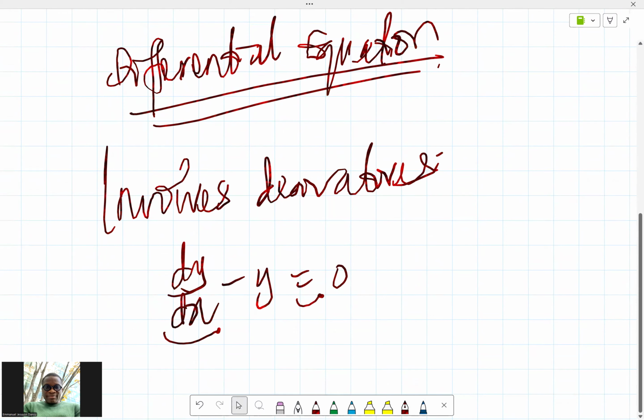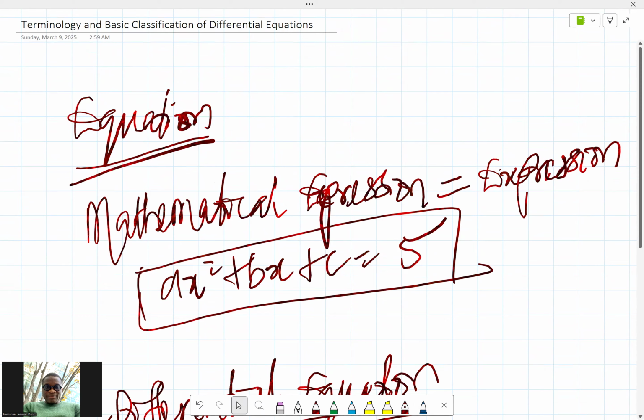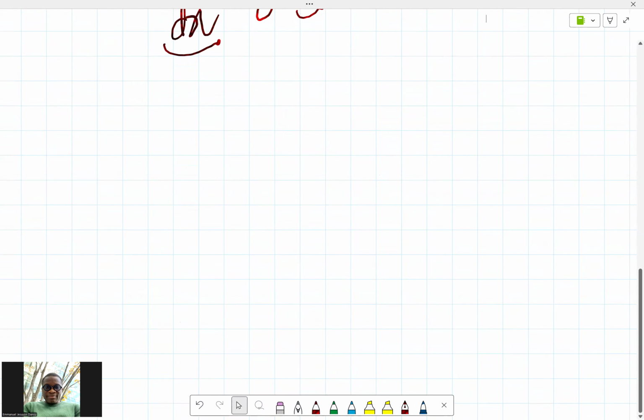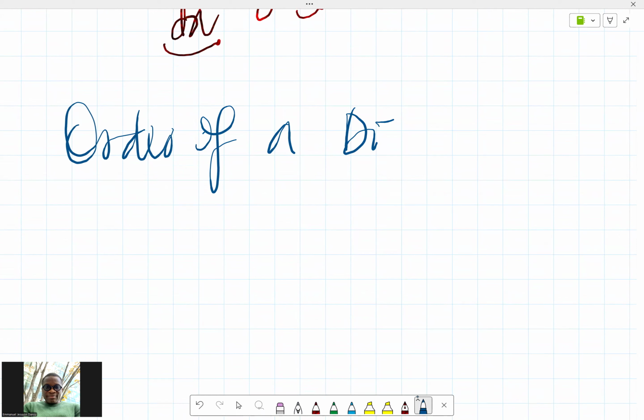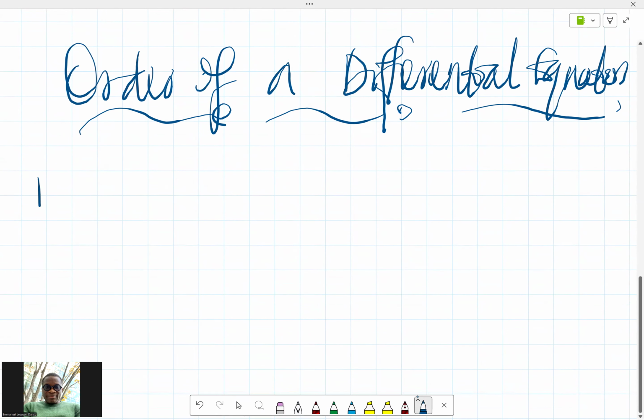In this case, our focus is going to be on some terminology and basic classification of differential equations. The first thing we'll be talking about is the order of a differential equation. So the question: what is the order of a differential equation?